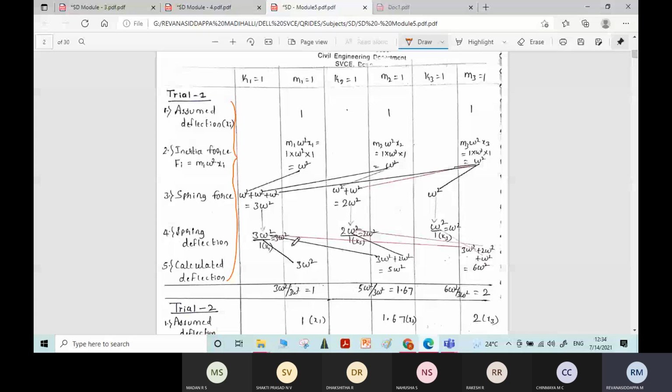So for mass 1, it is m1 omega square into x1, the assumed deflection, that is unit deflection. For mass 2, m2 omega square x2, for mass 3, m3 omega square x3. M1 is given as 1 kg. Substitute here, x1 we have assumed as a unit deflection, into 1.